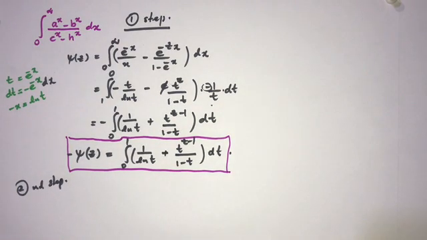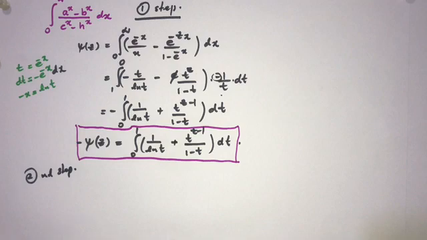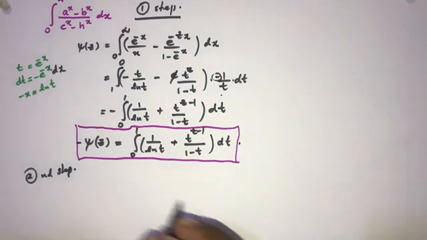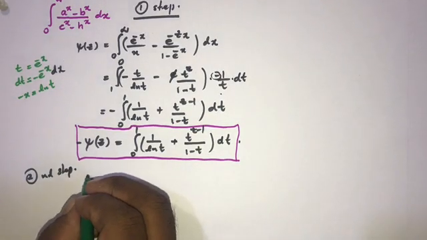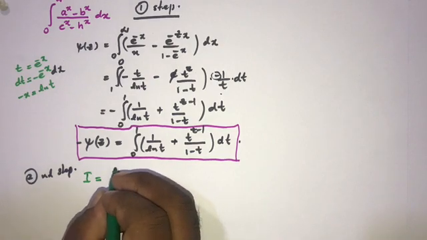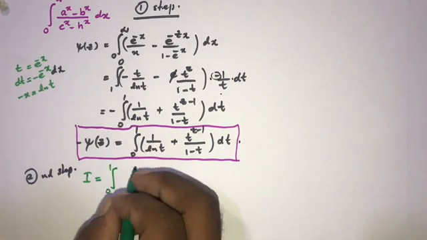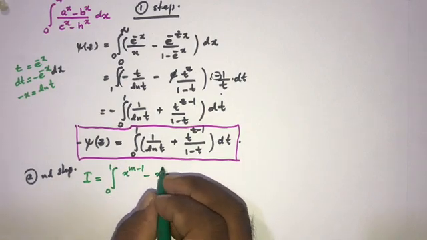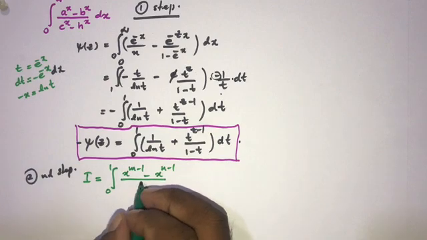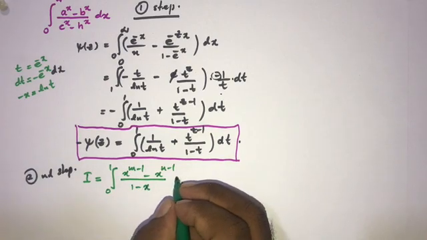I'm going to define an integral and try to get a relationship between digamma and our integral. So I'm going to define an integral I equal to the integral from 0 to 1 of (x to the m minus 1 minus x to the n minus 1) over 1 minus x dx.